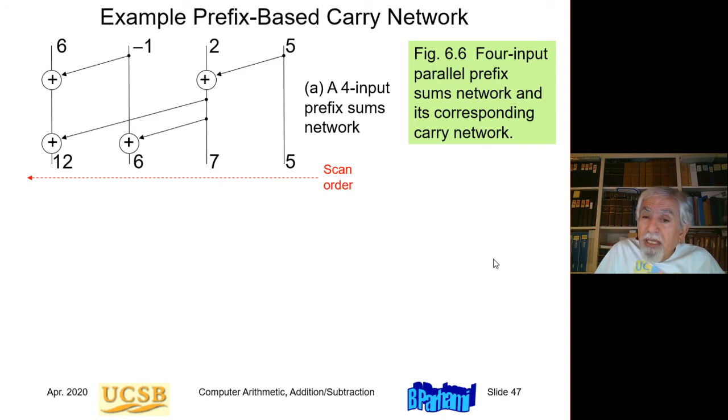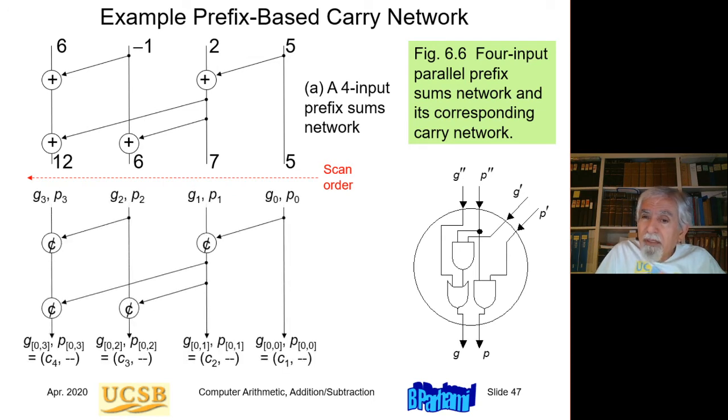So I can convert this into a 4-bit adder directly. Those numbers at the top are replaced by P and G signals. The adder circles are replaced by the carry operator. And at the bottom, I get P and G signals for successively longer blocks. And once I've got those, G00 is C1, G01 is C2, G02 is C3, G03 is C4.